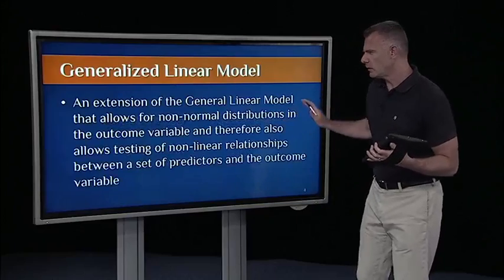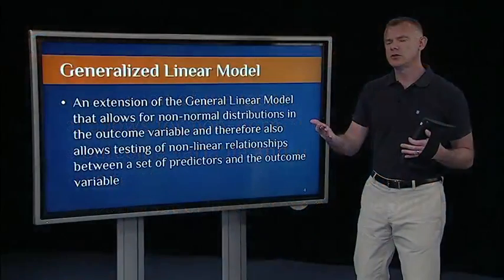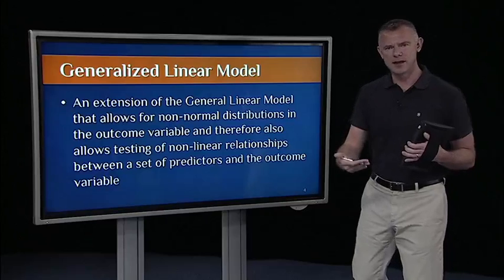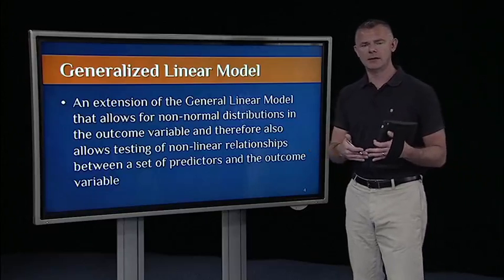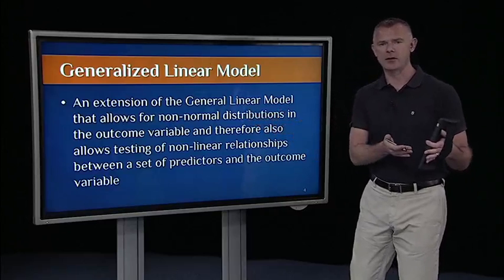So to be clear, the generalized linear model is an extension of the general linear model, which we covered back in lecture 12. It allows for non-normal distributions in the outcome variable, which then allows us to test for non-linear relationships between a set of predictors and that outcome variable.